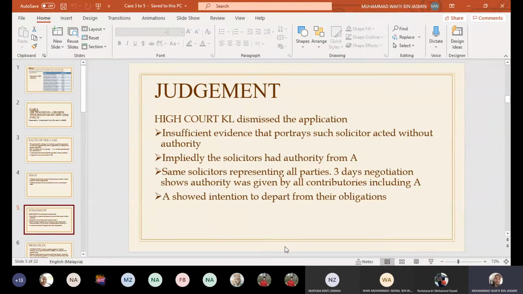And number two is that the court said that impliedly the solicitors had authority from applicant, because in this case the court had strengthened the fact that express authority is not needed to be proved unless it was asked during material time.